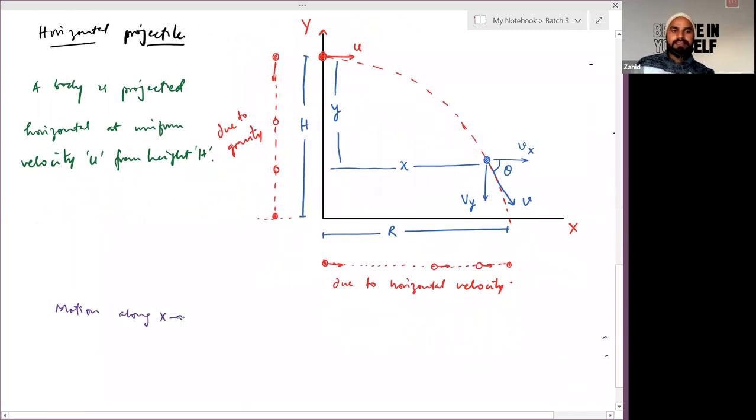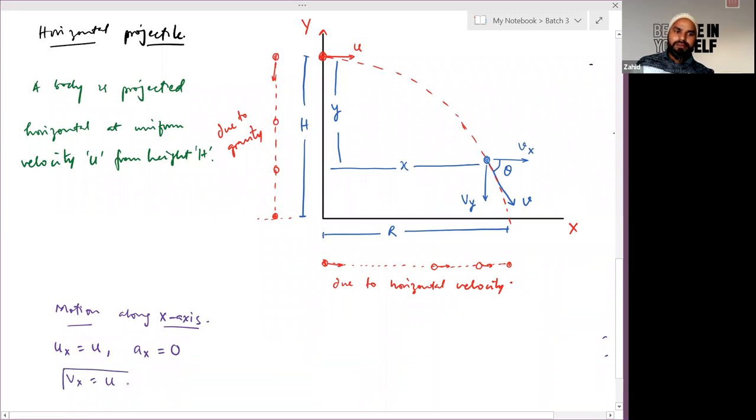Motion along x-axis. In this part, we have initial velocity along x-axis as u. Since this is constant, acceleration along x-axis would be 0, for which we may define final velocity using first equation, v is equals to u plus at.